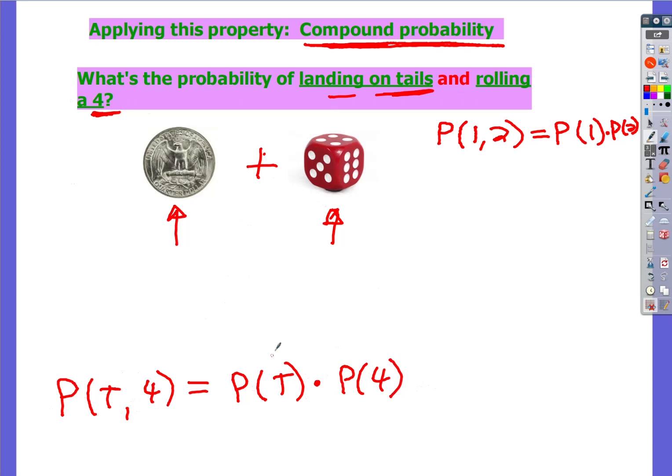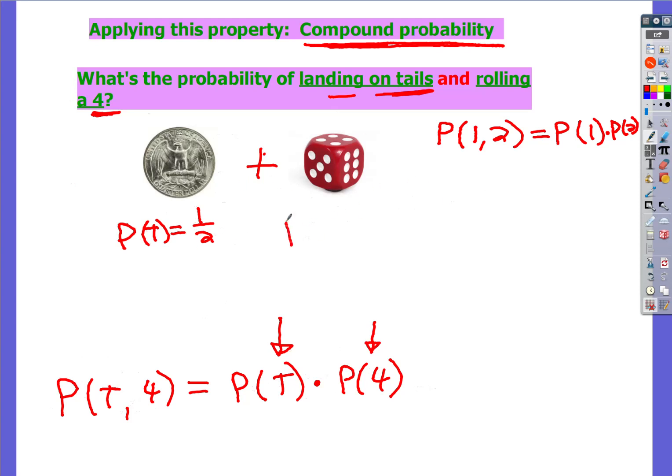So we would just need to find out what's the probability of tails, what's the probability of 4. We're pretty good already at doing both of these probabilities, where we know that tails is just one of 2 outcomes, so probability of tails, that's 1 in 2, 1 favorable out of 2 possible.